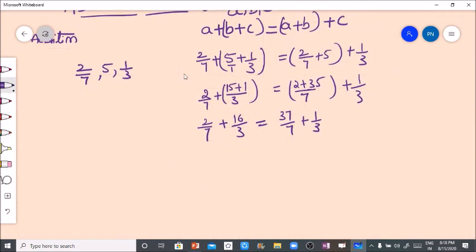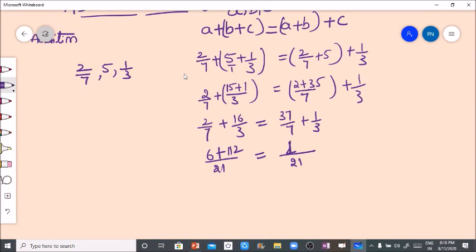Right. Here the LCM of 7 and 3 is 21. So 2 3s are 6 plus 16 7s are 112 equals, here again LCM is 21. 37 3s are 3 7s are 21.